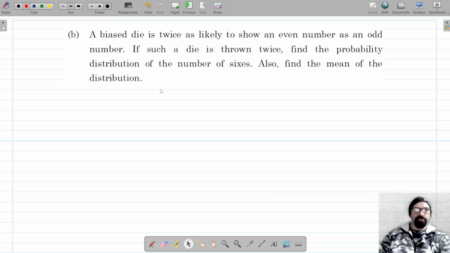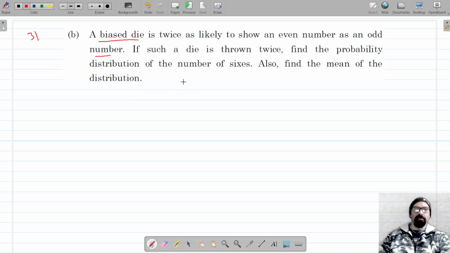Okay, for question number 31 part B. It's given that a biased die is twice as likely to show an even number as an odd number. That's why it's biased. The probability of an even number is twice the probability of an odd number on throwing this die.